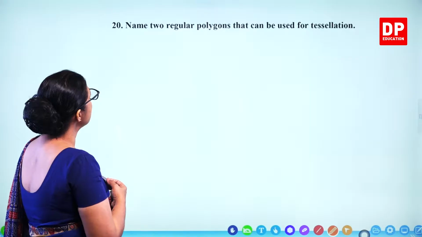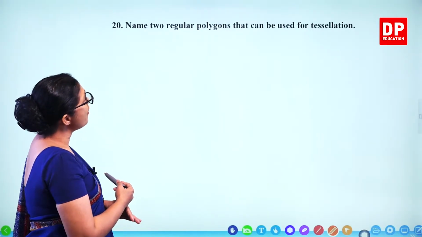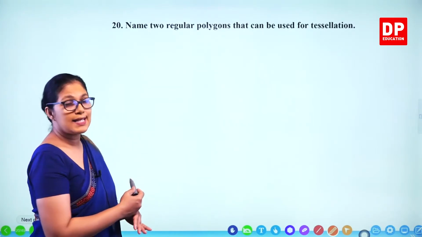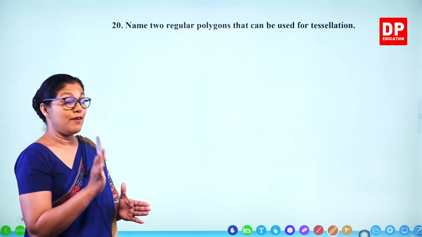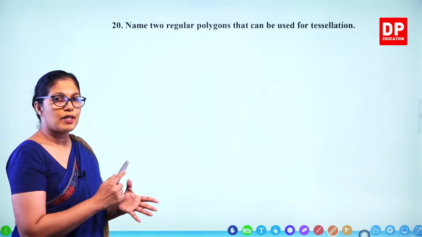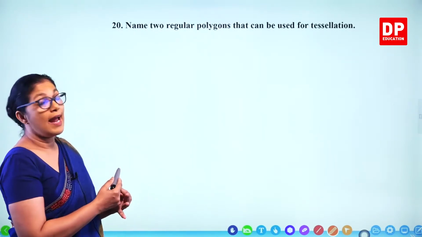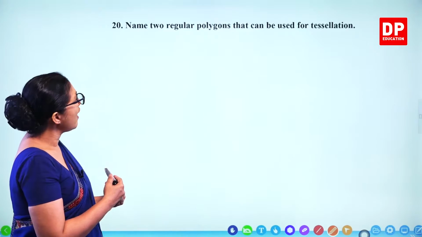Question number 20, that's the last question. Name 2 regular polygons that can be used for tessellation. What are the 3 main figures that you can use? Square, equilateral triangle and regular hexagon. So you can write any 2.